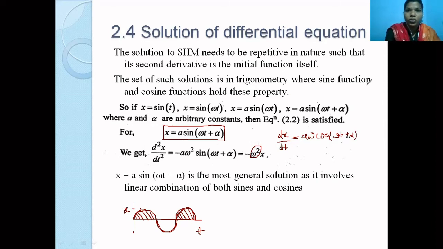I hope it is clear why we have chosen a sine of omega t plus alpha as the solution to the differential equation.